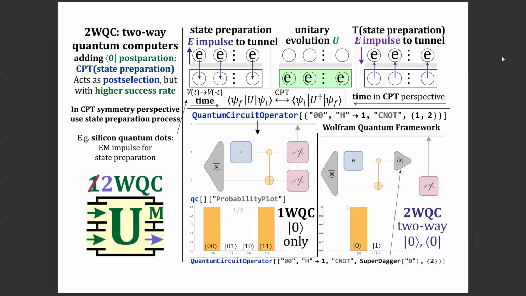In two-way quantum computing, a CPT symmetric approach is utilized, which means charge, parity, and time reversal. And especially the time reversal is important here. The main result, we can call it the new operation or a new way of doing state preparation: in the normal type of state preparation, we are controlling the initial state.